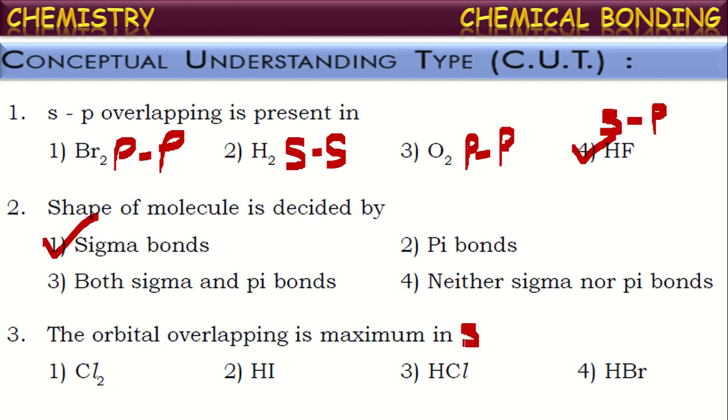The order can be shown like this: ss overlapping is somewhat less than sp overlapping, which is somewhat less than pp overlapping. p orbitals overlap or merge one into the other to a greater extent. So we can say pp overlapping is maximum among all.